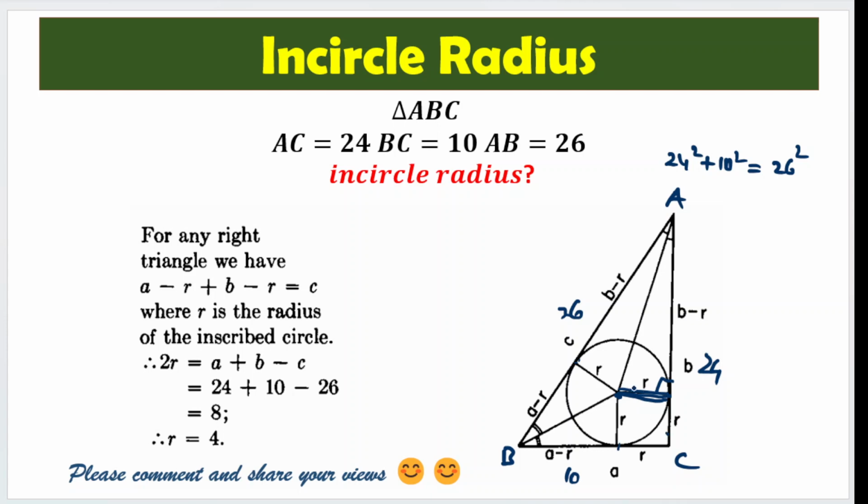This radius is obviously perpendicular, so that means this line is parallel to BC. So then this becomes r, and this becomes a minus r. So far so good. This is a minus r, this is r.